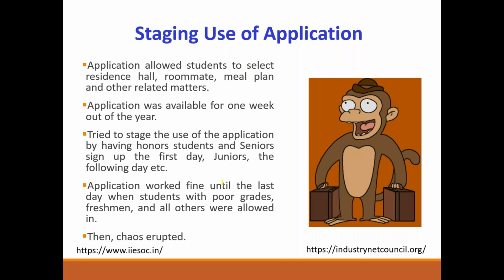Everything worked fine until the last day, when the students who didn't have such good grades, and the freshmen and everybody else who had not signed up when they were supposed to said, "Oh my God, we have to sign up now, it's the end date." Then chaos erupted. So clearly there's some kind of scalability issue going on here, right?